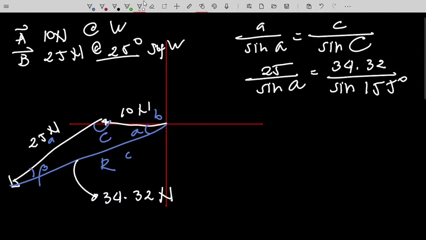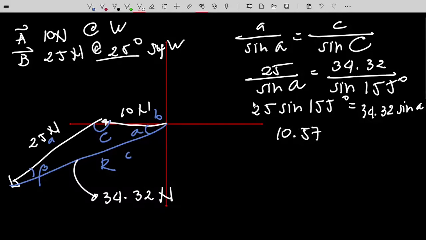Then cross multiplication: 25 times sine 155 degrees is equal to 34.32 sine angle alpha. Now 25 sine 155, then you should get a value of 10.57, which is equal to 34.32 sine angle alpha.